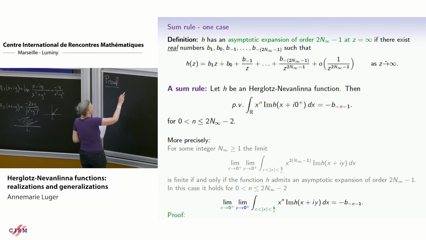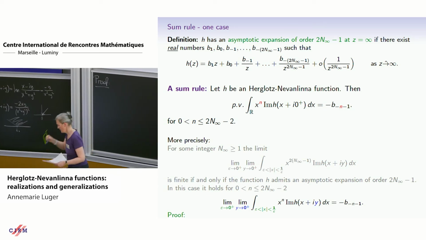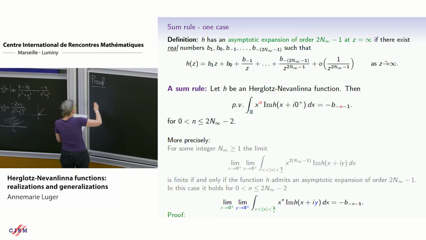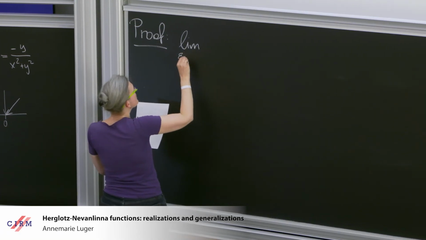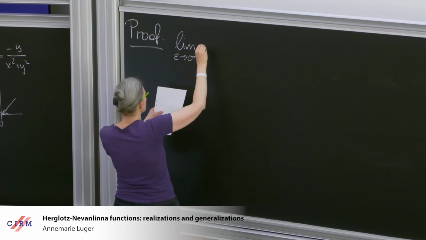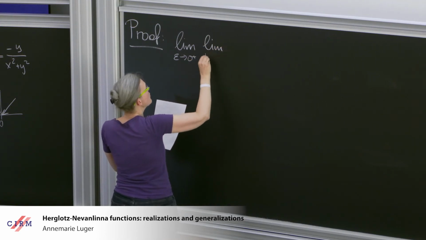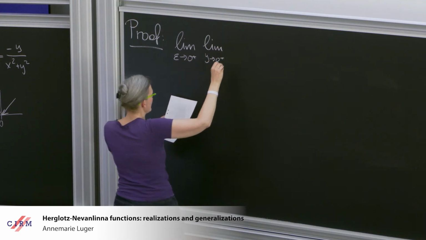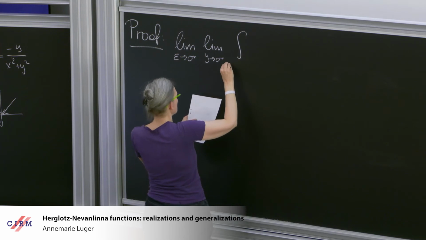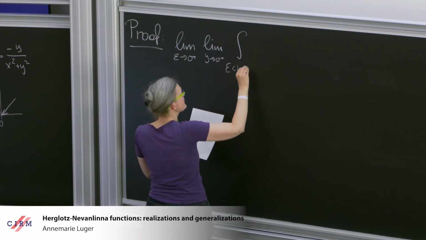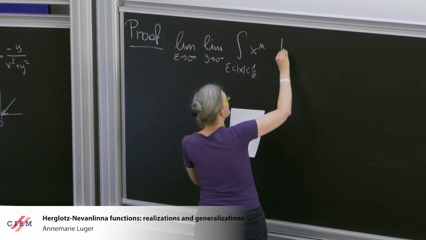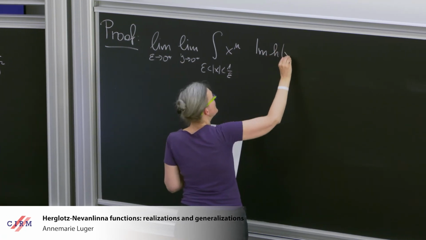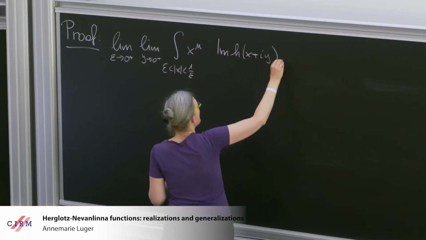So let's start by this expression. The limit epsilon goes to 0, the limit y goes to 0, the integral epsilon less than x less than 1 over epsilon of x to the power n, imaginary part of h of x plus I y dx.